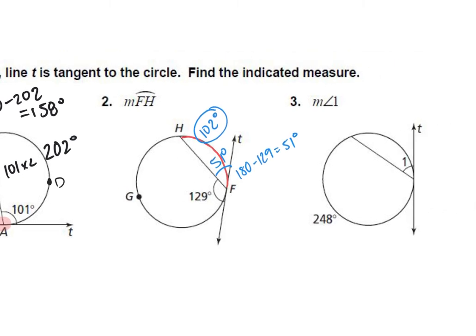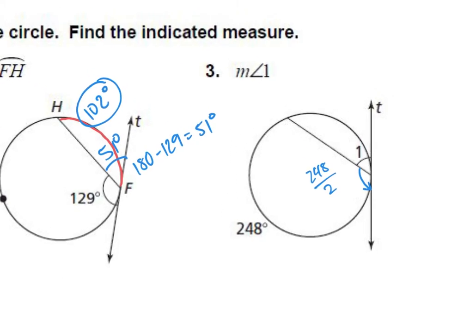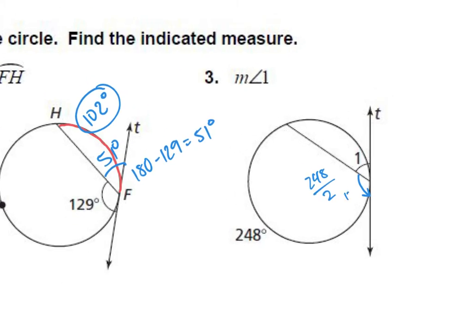Number 3, the measure of angle 1. Jaden? 248 divided by 2. Good. 248 divided by 2. What'd you get? I got 124.